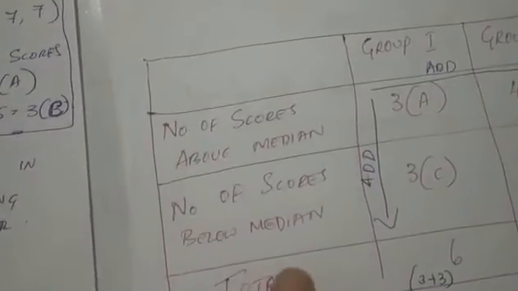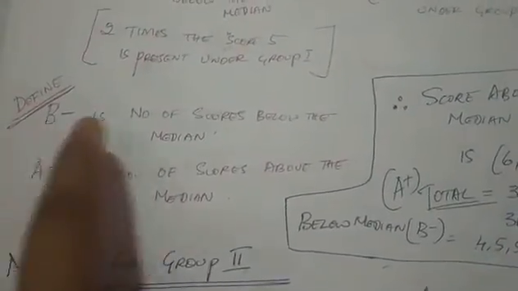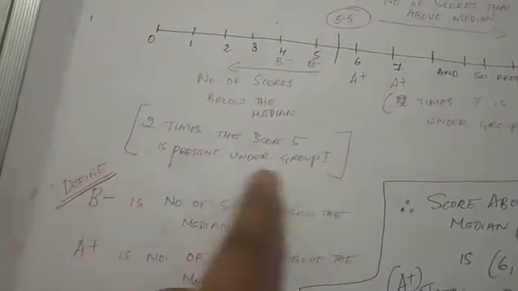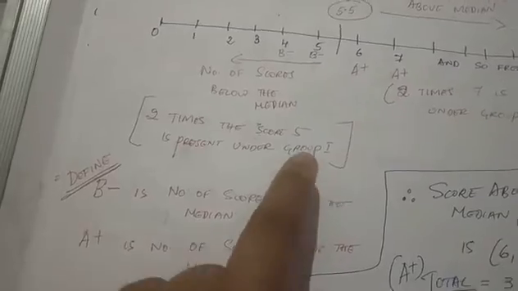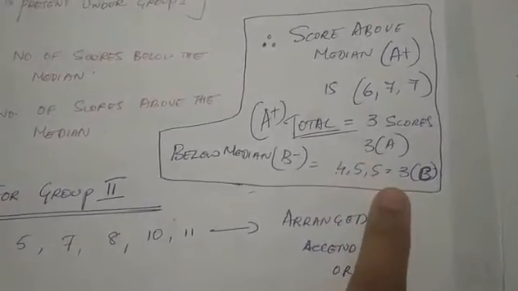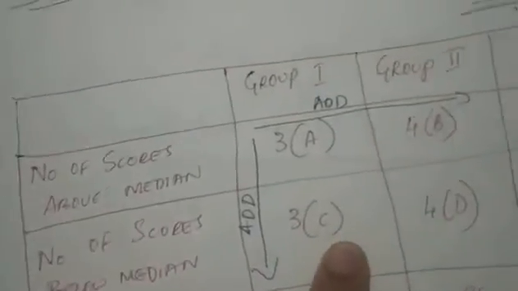And B minus is number of scores below the median. We have 5 repeated twice under group 1, so we have 4, 5 and 5. That is 3 numbers totally. That is 3C, that's what is written here.